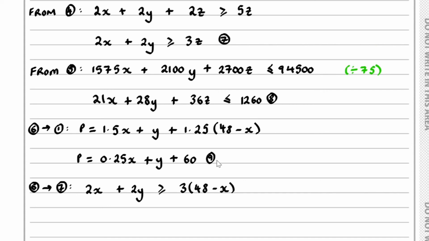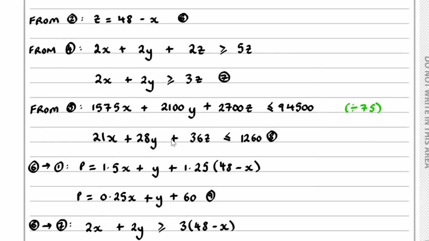So if I tidy up this, I'm going to have a minus 3x on the right hand side, and if I add that over to the left hand side, I'm going to have a 5x, and then the 2y, and this is going to be greater or equal to 3 times 48, which is 144. Let's call this equation 10.